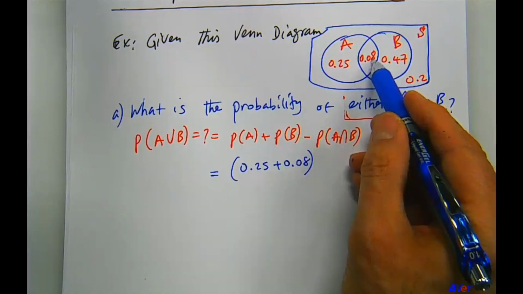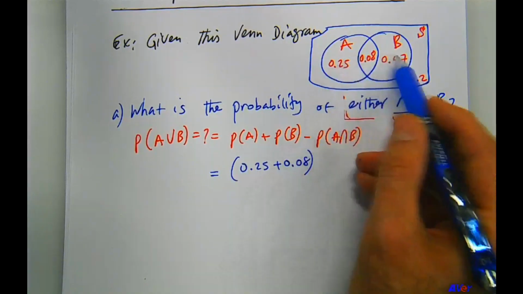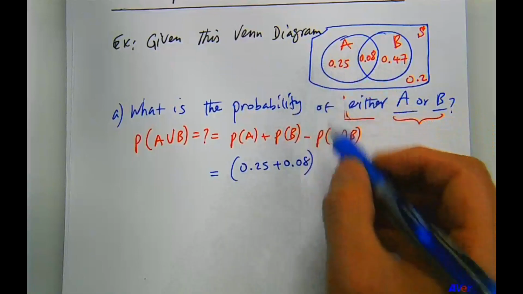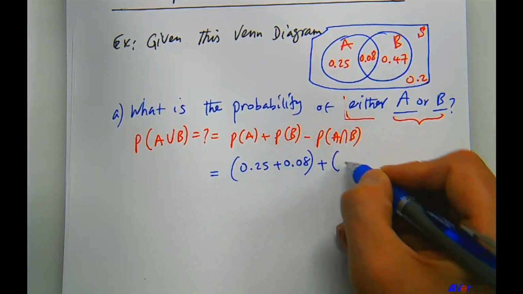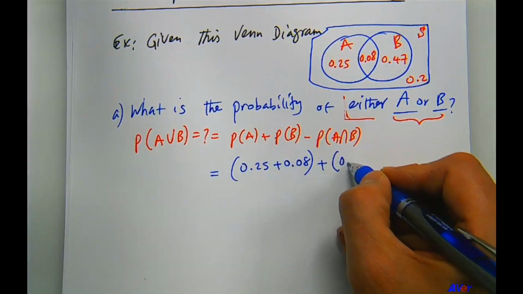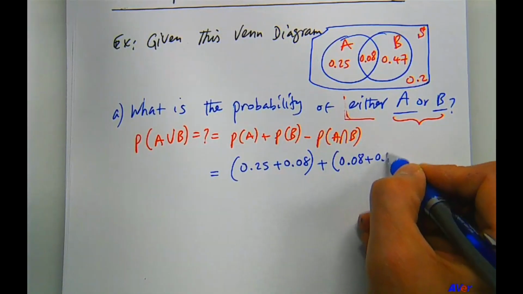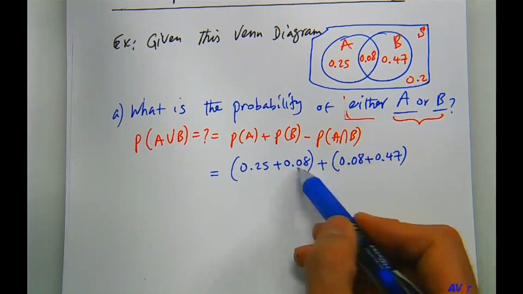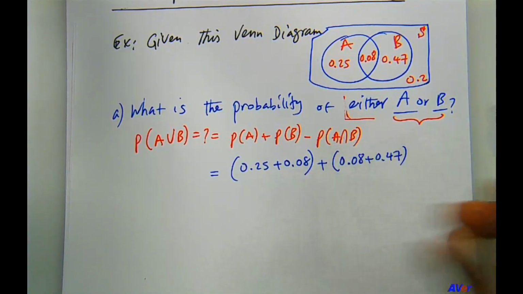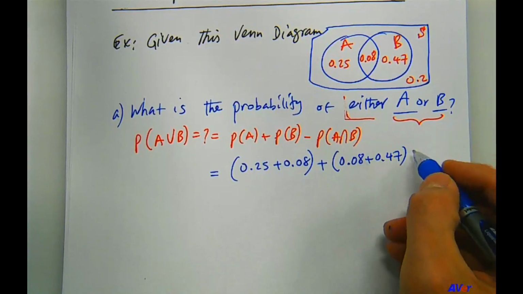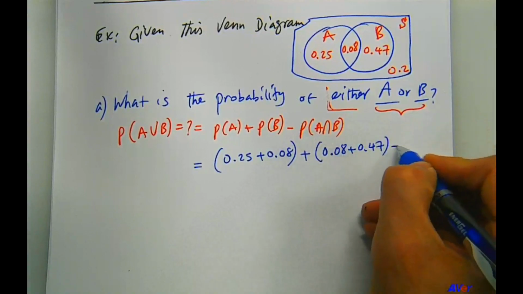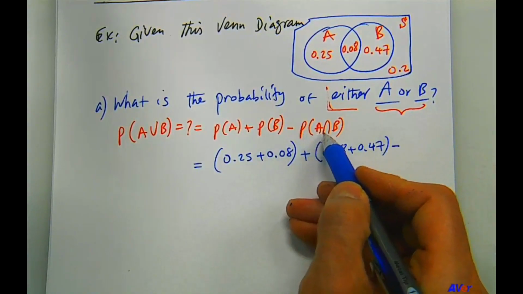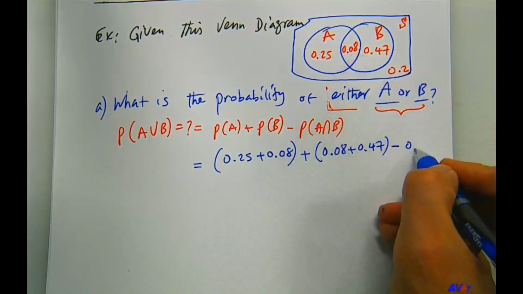This 0.08 is shared between A and B, but it's part of A as well as part of B. Plus probability of B, so that would be 0.08 again, plus 0.47. Notice that we added the 0.08 twice. So we have to get rid of the duplication by subtracting it once. So minus the intersection A and B, which is 0.08.